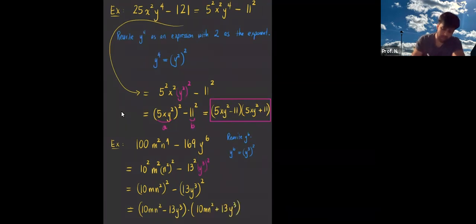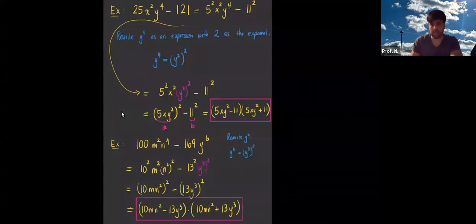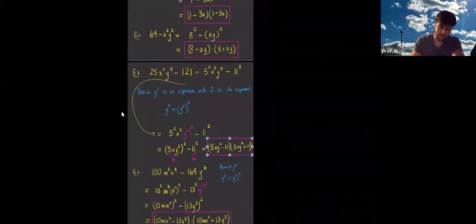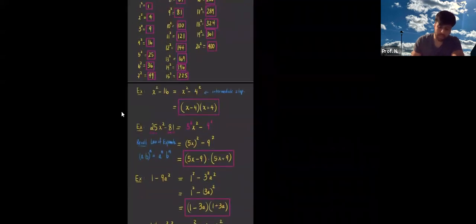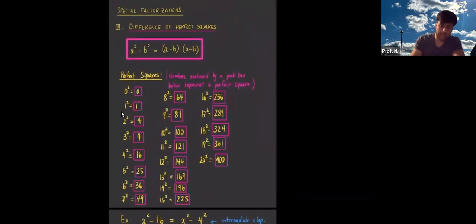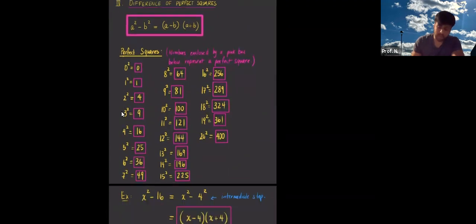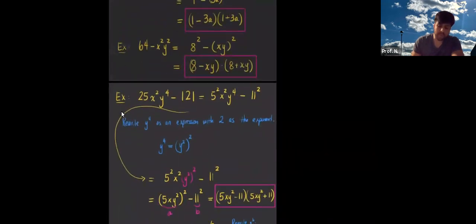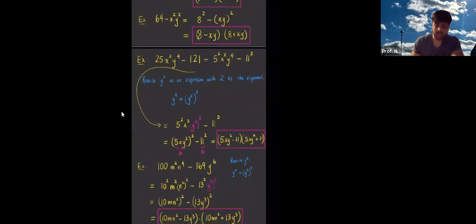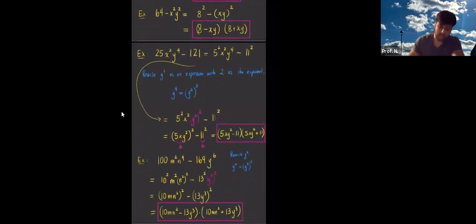And so I have factored this difference of perfect squares. We've dealt with 6 examples that implement this idea, and I hope you see why it's important to go through all of these perfect square numbers, so that the difference of perfect squares factorization proceeds almost easily as we look at these expressions.